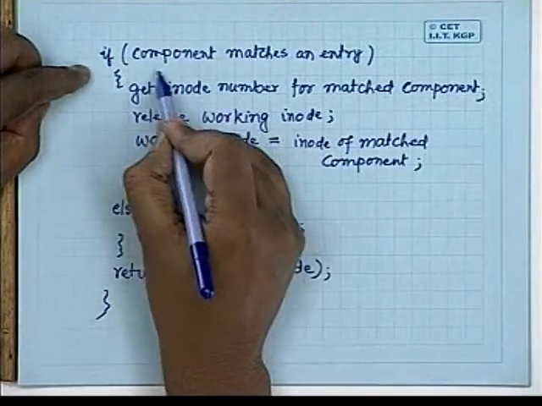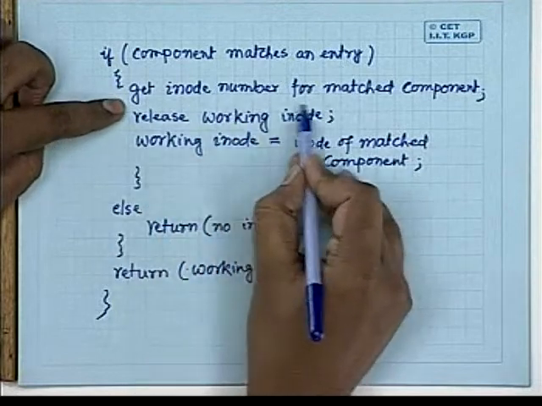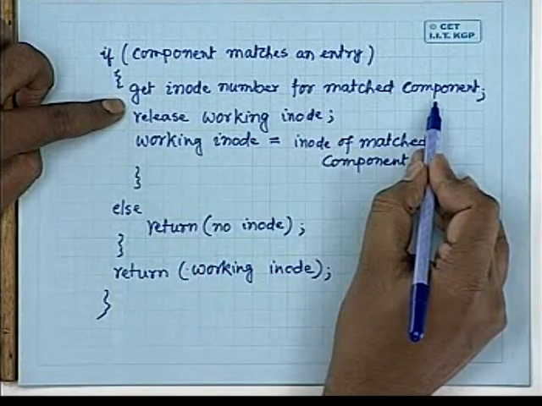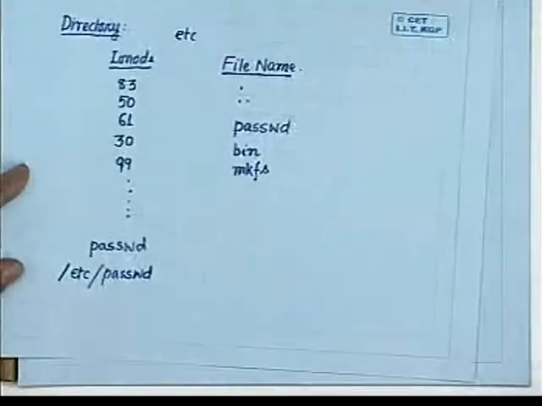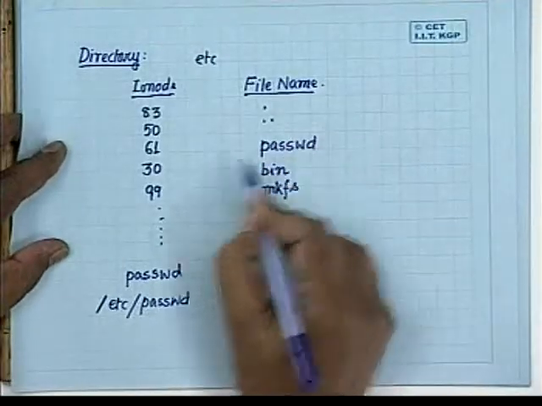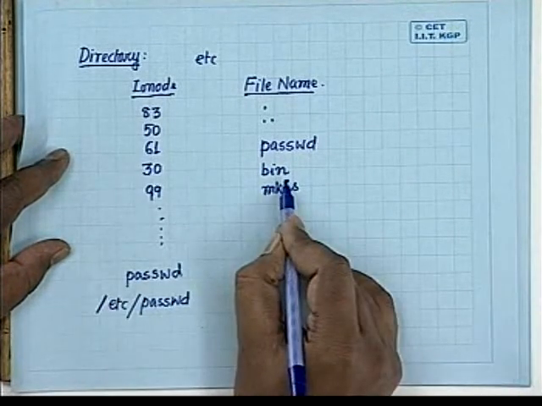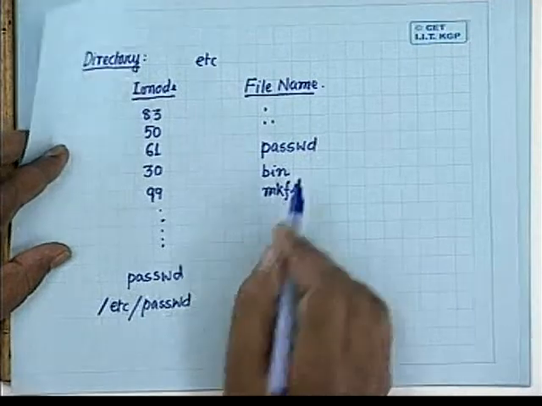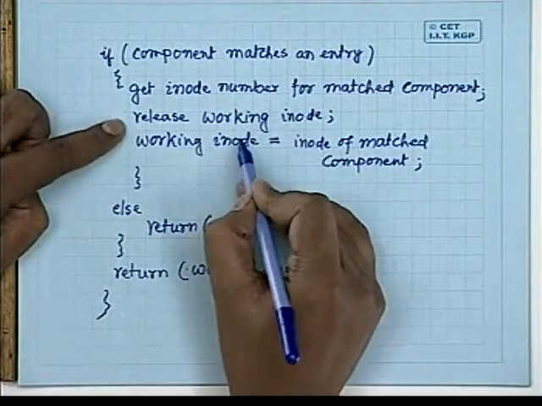If this pathname component matches an entry in the directory, then I have to get the inode number of the matched component. You see that in the directory structure, for every file name or every directory I have the corresponding inode number. So I have to record this inode number for which I get a match. Then this inode number has to be the working inode number.